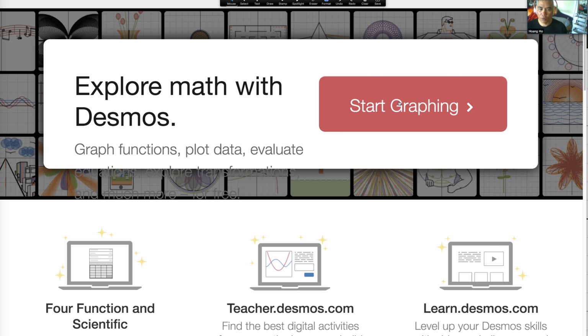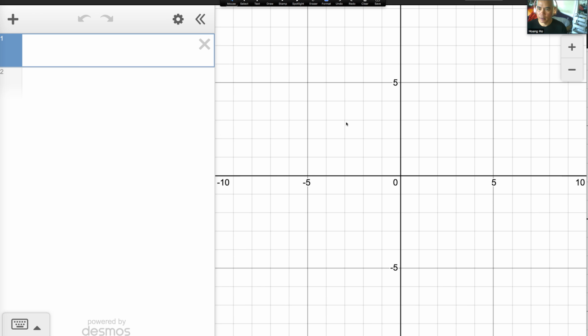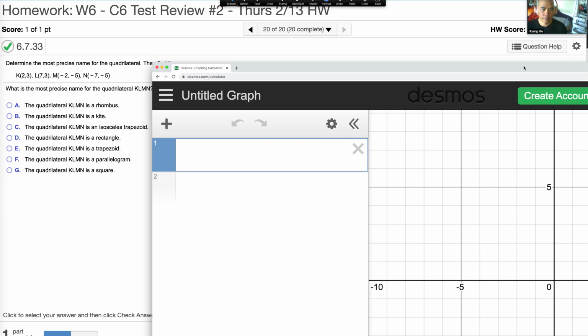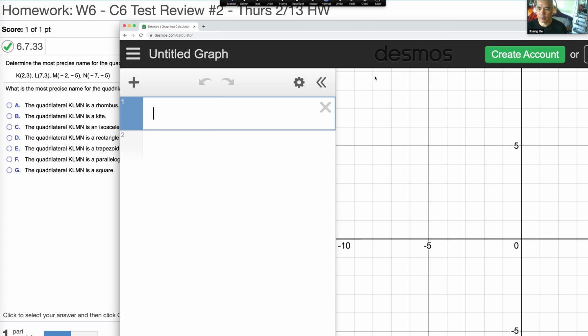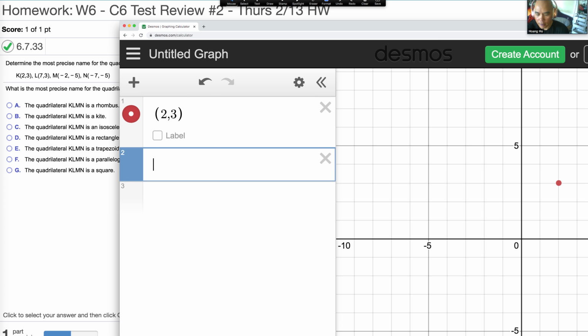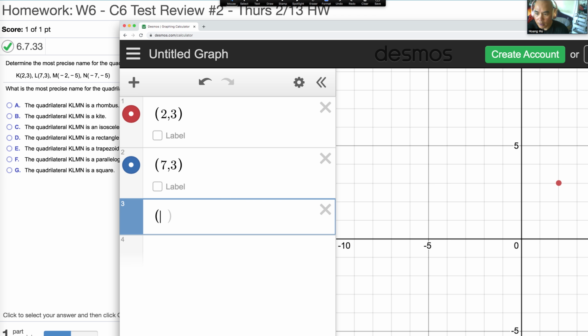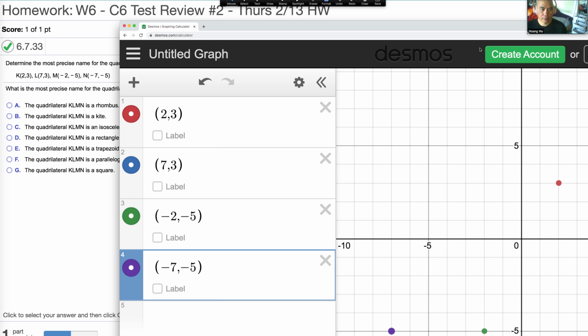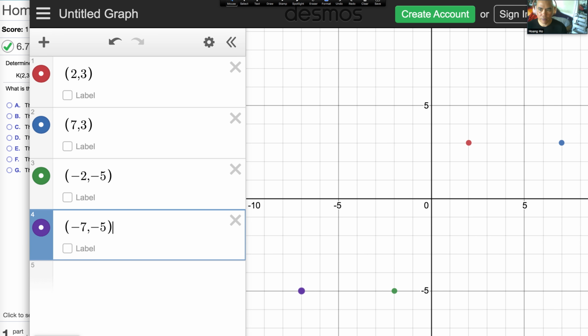So you plot these 4 points: 2, 3, then 7, 3, then negative 2, negative 5. Last point, negative 7, negative 5. So where are they? Look over here. Here we go.